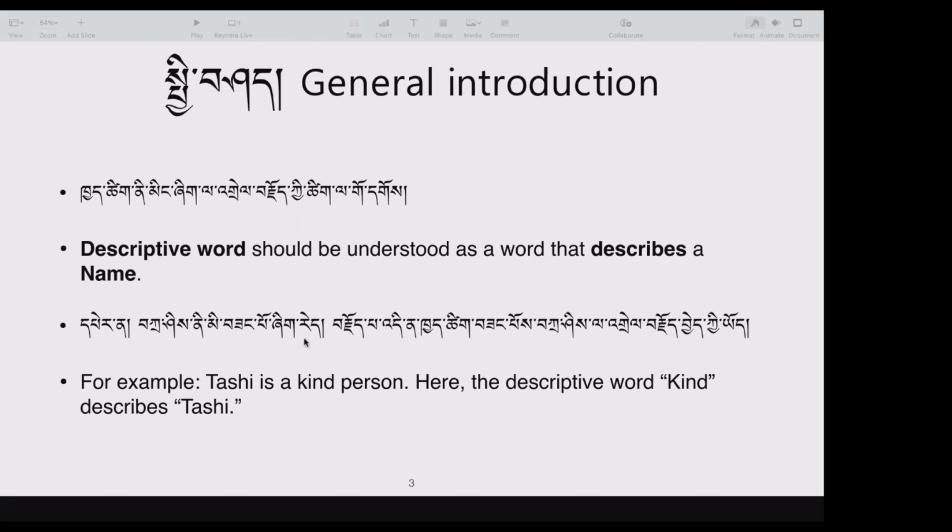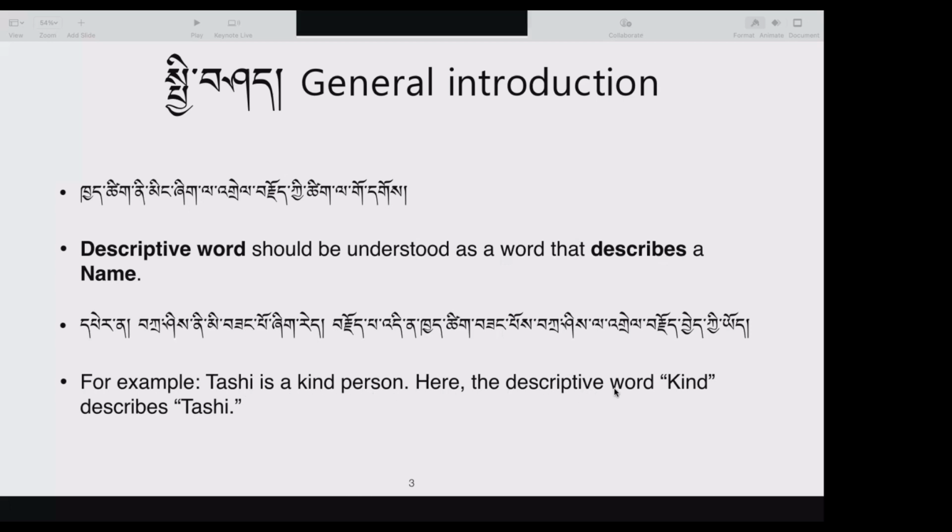So Tashi ni mi sangpo re. Sangpo means kind. Mi is a person. So Tashi ni mi sangpo shi re. And since we have shik, which is a word that tells us of a singular person, so it becomes a person. So here it's translated as a. So Tashi is a kind person.